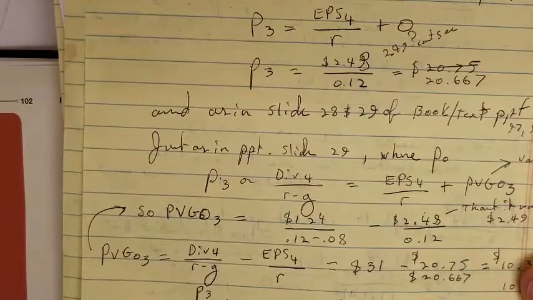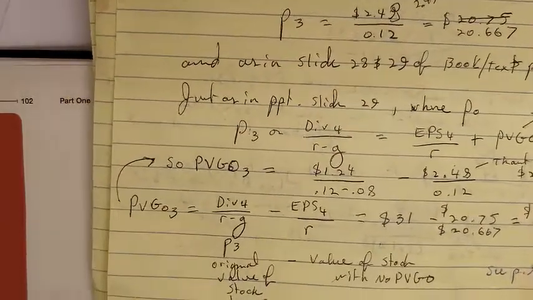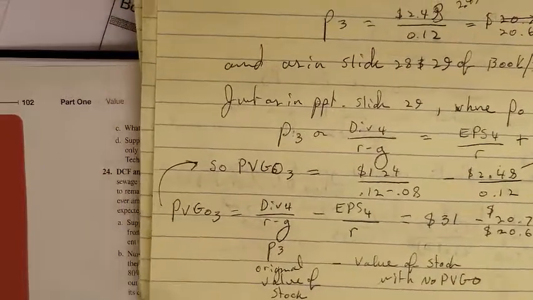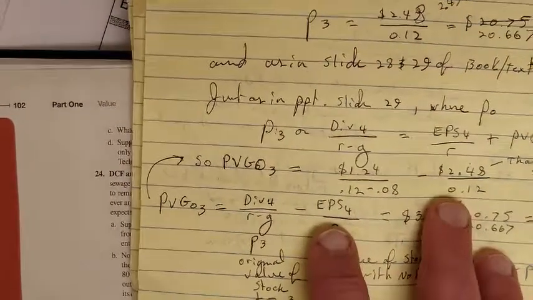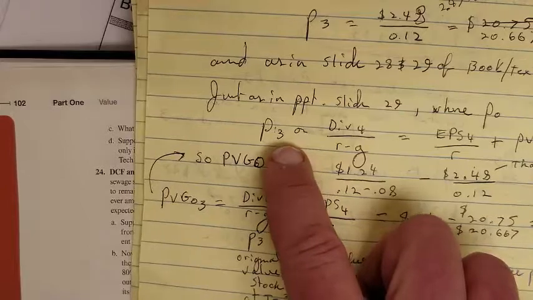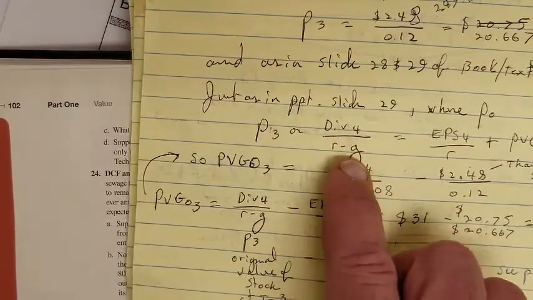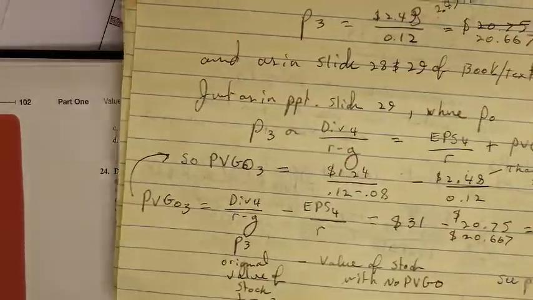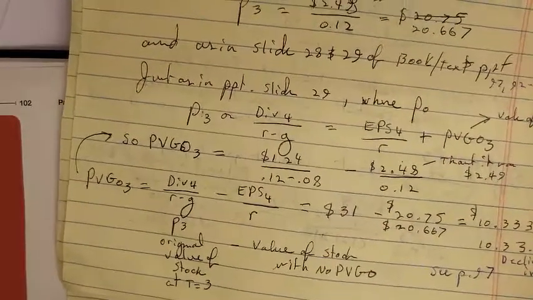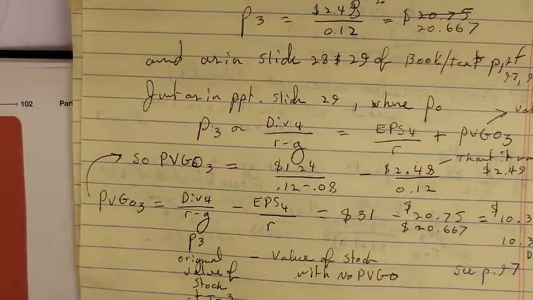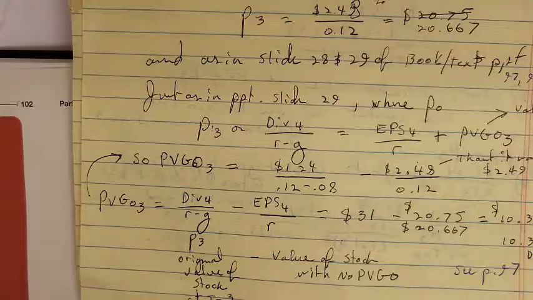Once we do that, we can just rearrange, and there's a second part to this problem. When we rearrange, remember that P3 is just equal to the dividend in year 4 over R minus G, which equals the earnings per share discounted at the cost of capital plus PVGO, or the value after year 3. Basically, that future value of growth.